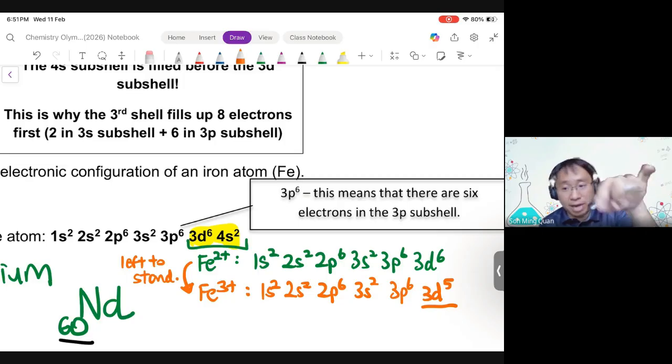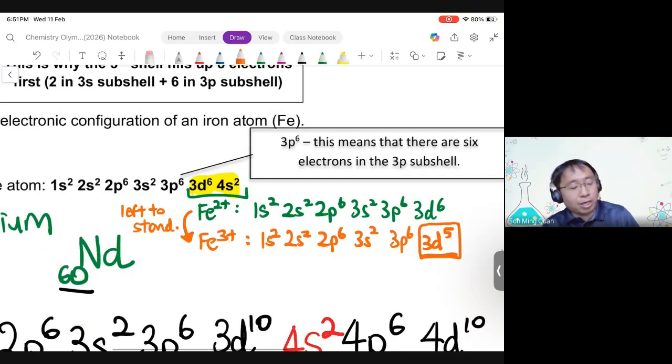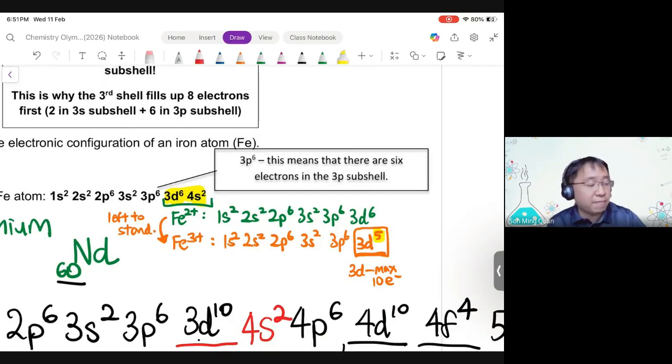One reason can actually be found here in the electronic configuration. 3d5. What does 3d5 symbolize? You already know 3d, maximum 10 electrons. So what's so special about 5? Well, 5 is half of 10, right? So 3d5 means a half filled subshell.